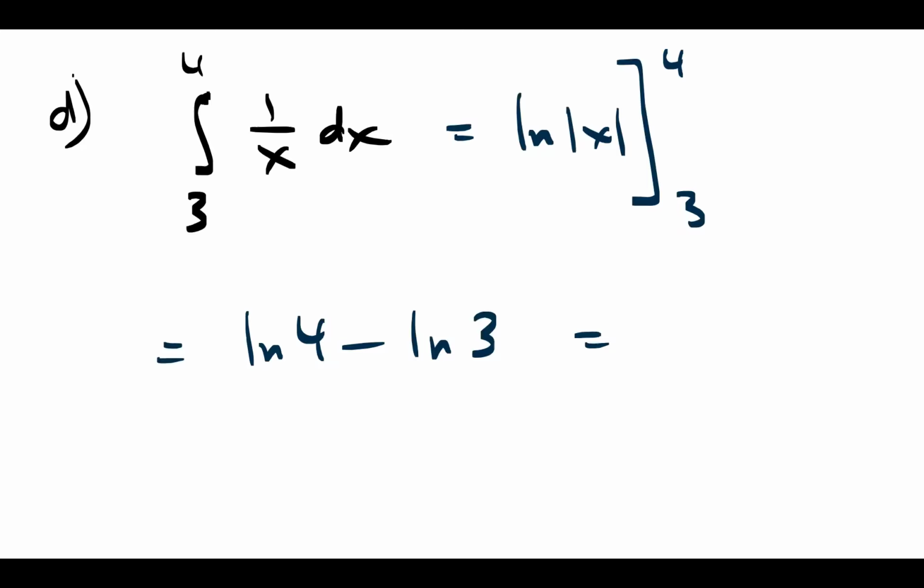It's ln of 4/3. Perfect. ln of 4 over 3 is done. Both are correct, and both will be accepted on a test. This one is a more condensed form.